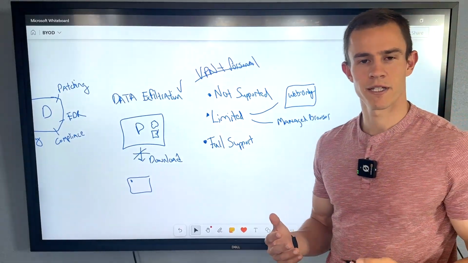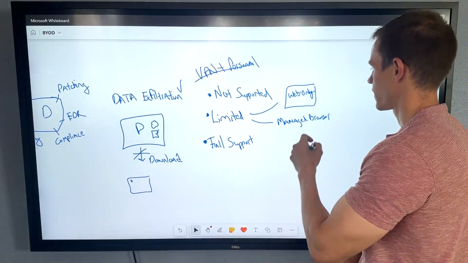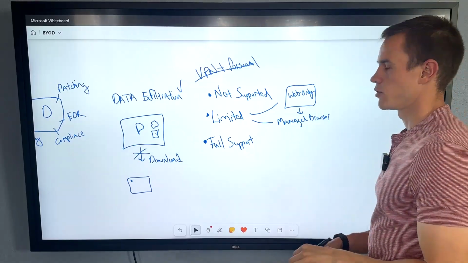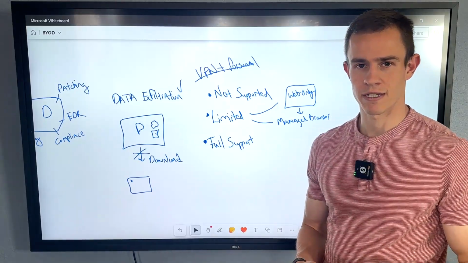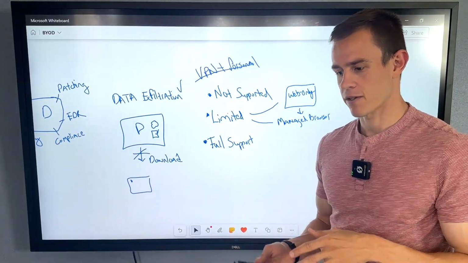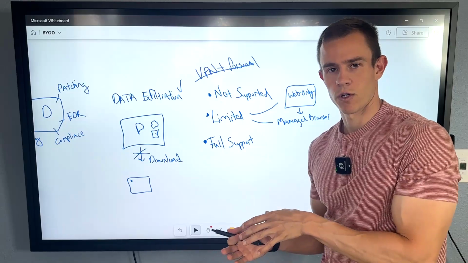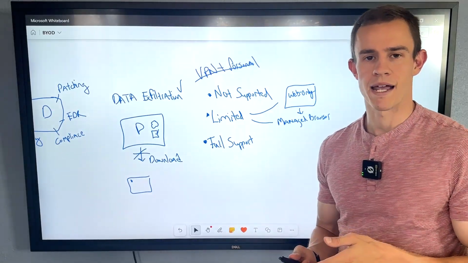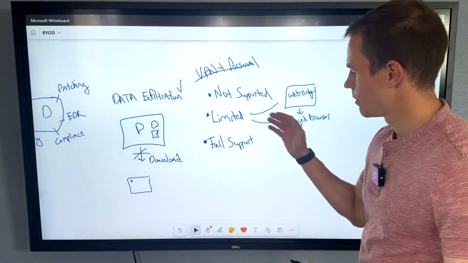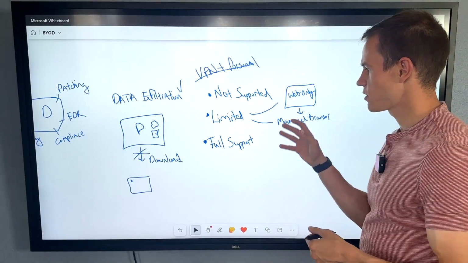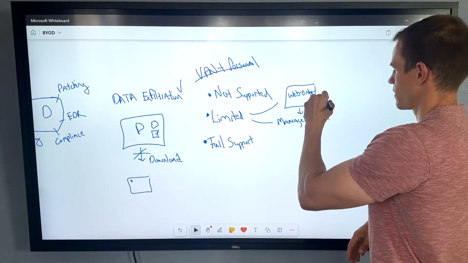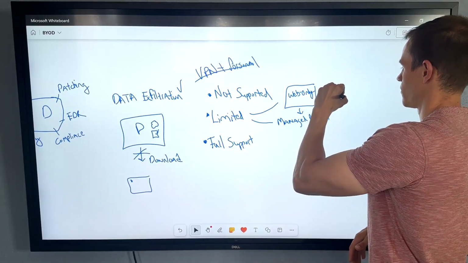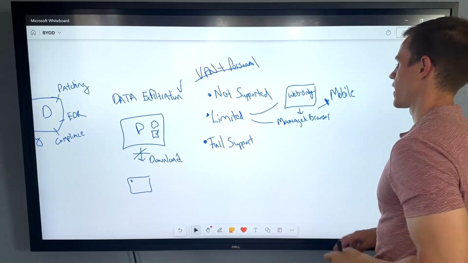Effectively within the managed browser, you can extend what you're doing in web-only access, and you could limit copy-paste capabilities in that environment, so they can't copy things that are in their Word doc and paste it into the local Notepad app on their device as well. I'm going to show you how to do that, and that really gets into a lot of the protections as well. And then the same thing applies when we talk about mobile access.